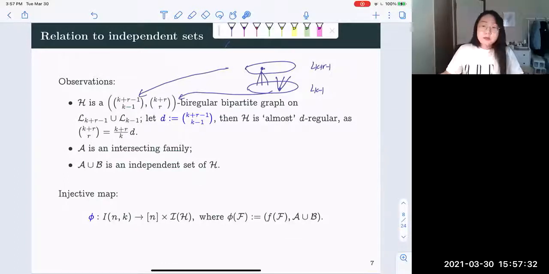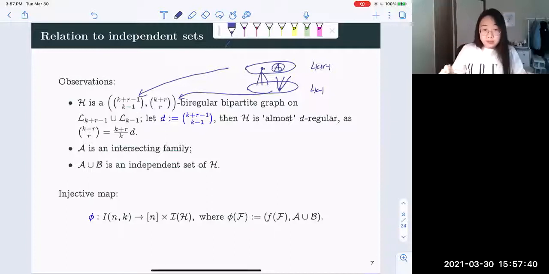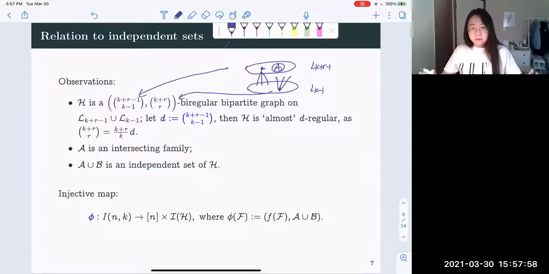The second observation is that A, which is the part on the top layer, is an intersecting family. This just comes from the property of intersecting. And most importantly, A union B is an independent set. This is also easy to get. If it is not independent, then it must violate the intersecting property.